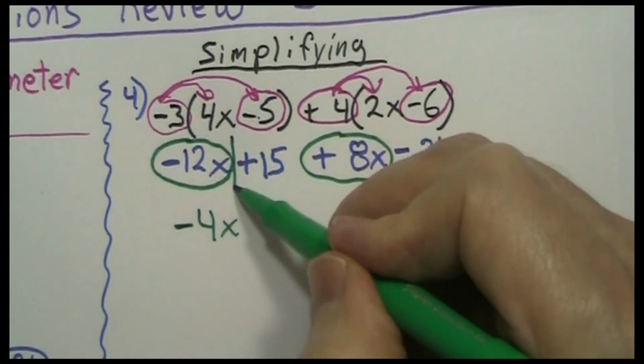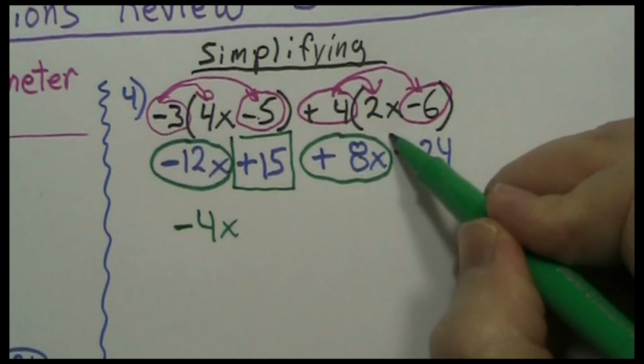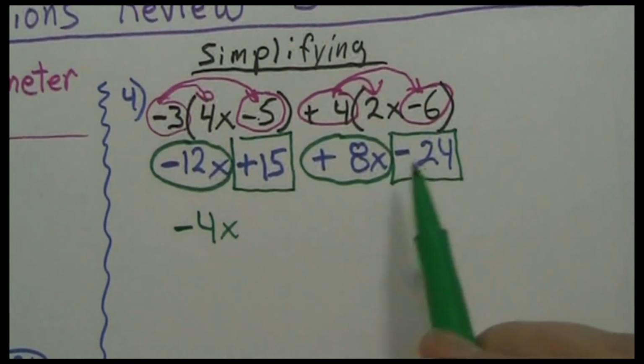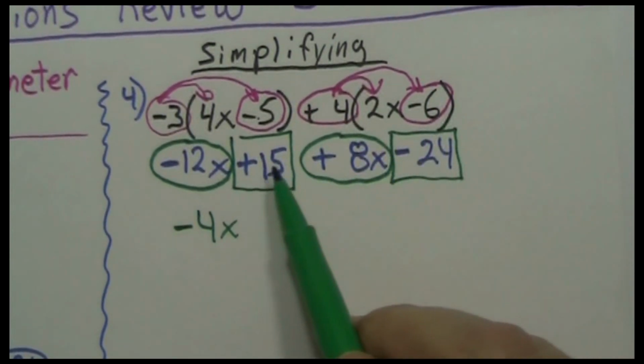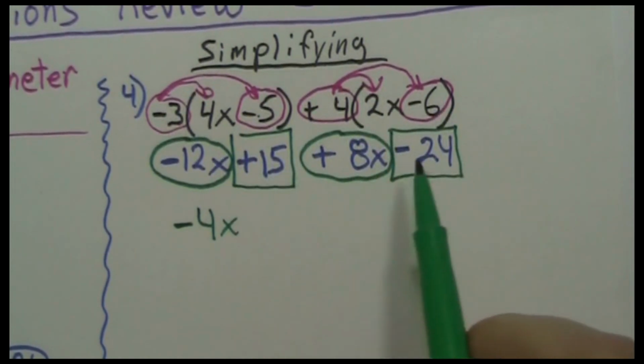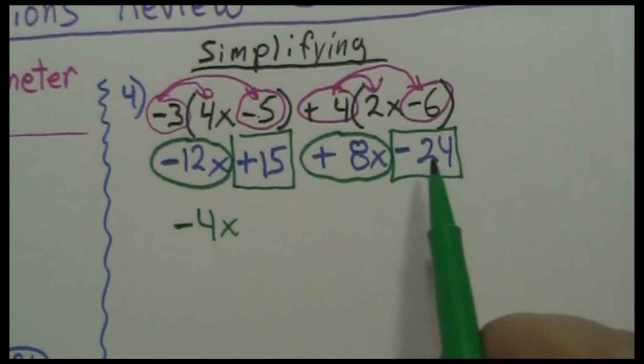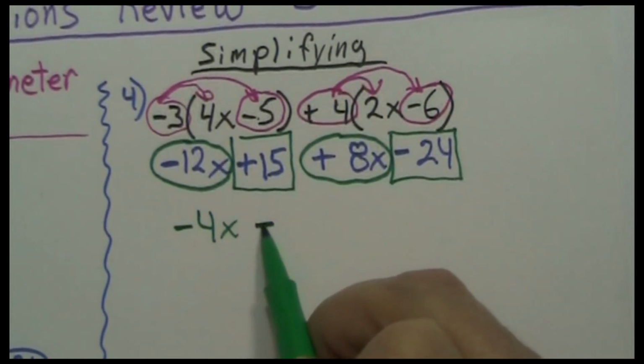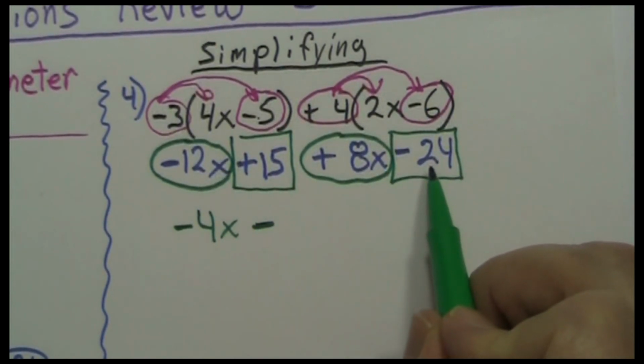Now let's look at the constants. There's 15 and there's -24. So if you put a bunch of mints and you put some hot cinnamon, can you see that there's more mint? It's going to be more mint flavor. How much more?